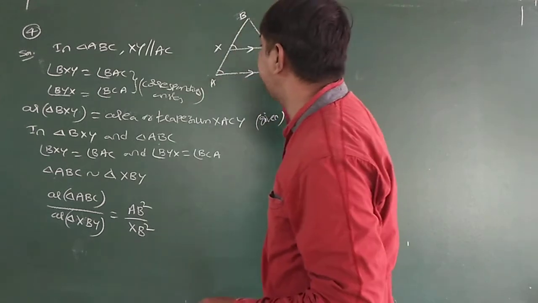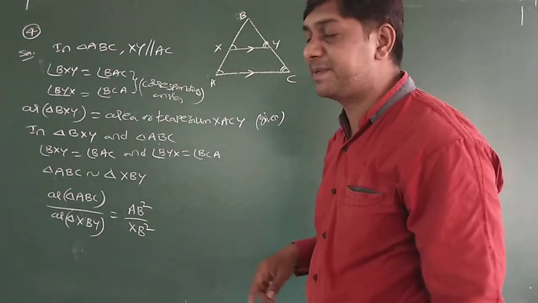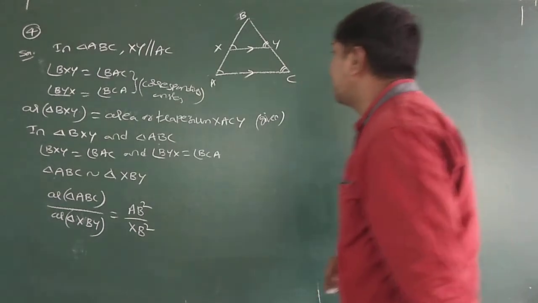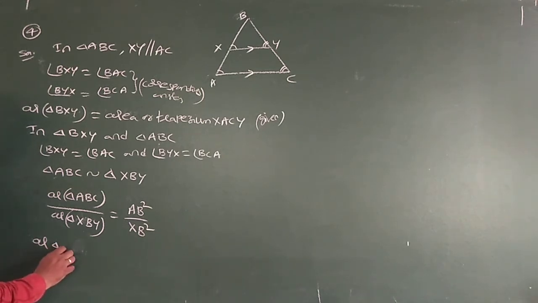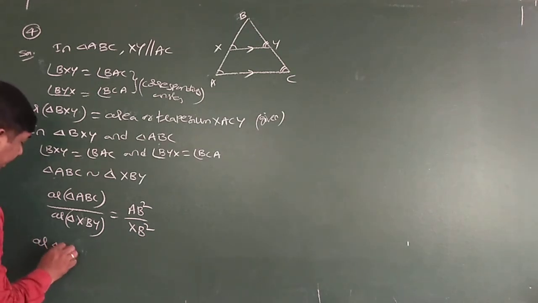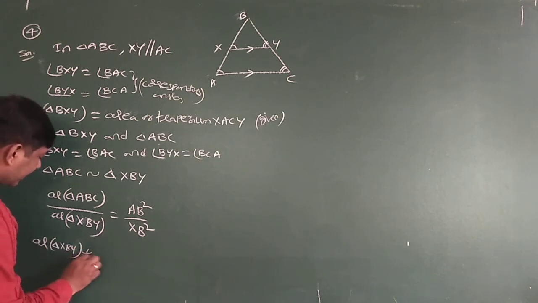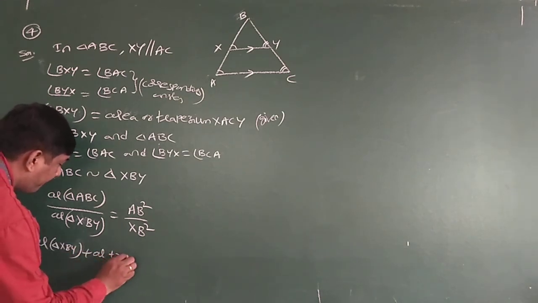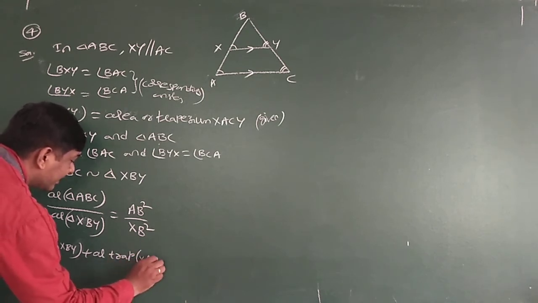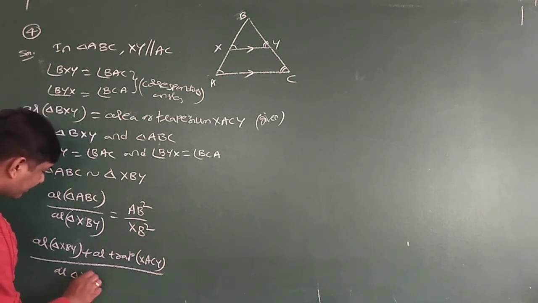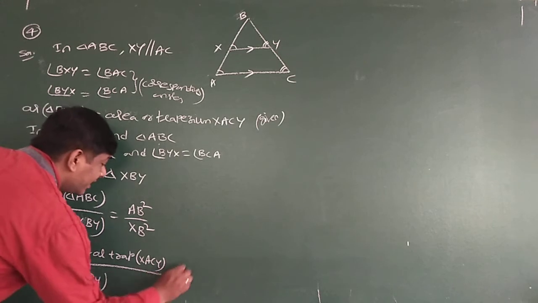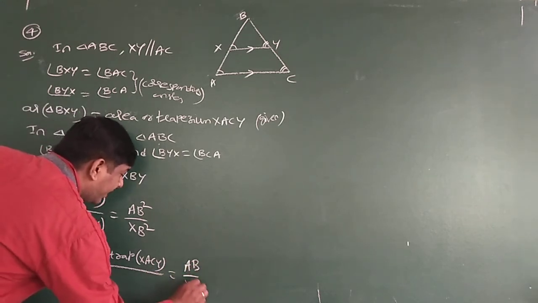Now area of triangle ABC I write as area of triangle XBY plus area of trapezium XACY, by area of triangle XBY, is equal to AB by XB whole square.